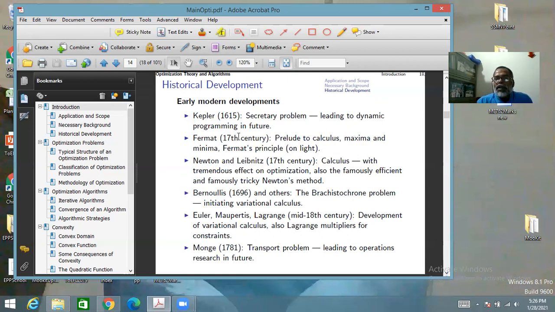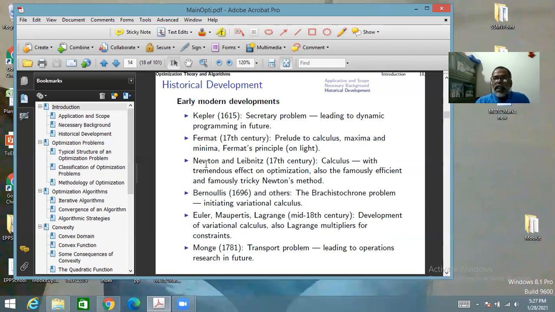And Fermat's contribution was also very important. In a way, he anticipated calculus. Just before Newton and Leibniz, his contribution in calculus and maxima and minima actually were a little before Newton and Leibniz.